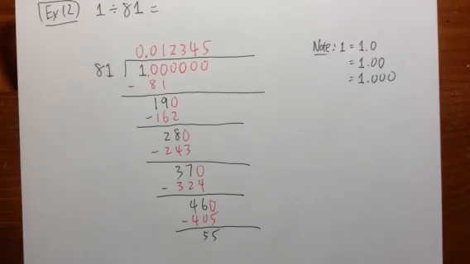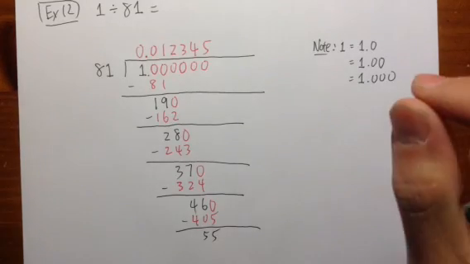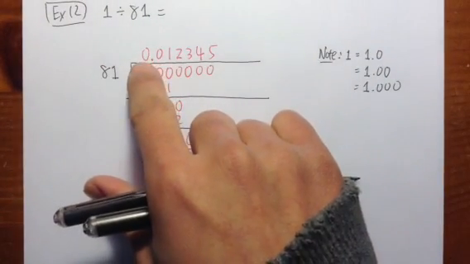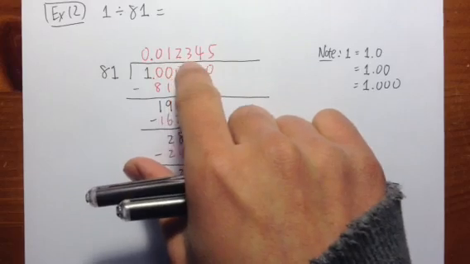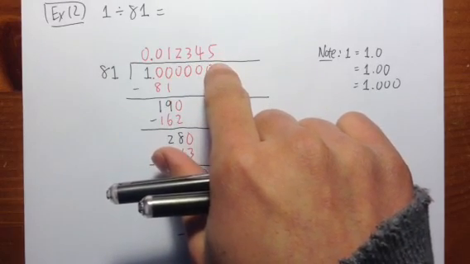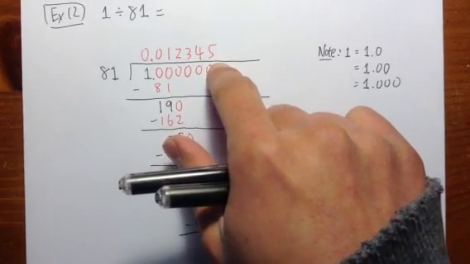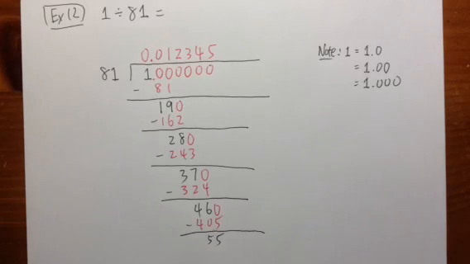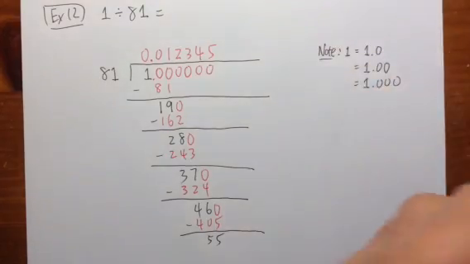Let's see, you have 0.012345. And what do you think the answer is going to be? The next number looks like it's going to be a 6, and then a 7, and then 8, and then 9, right? And so on.